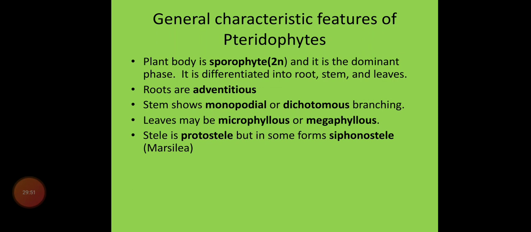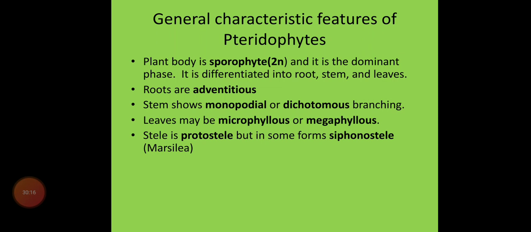Mostly pteridophytes are primitive land plants. That's why protosteles are present. But in some plants like Marsilea, siphonosteles are observed. Siphonostele, you will learn about in the next class. I will explain these different kinds of steles briefly, but this is very important.